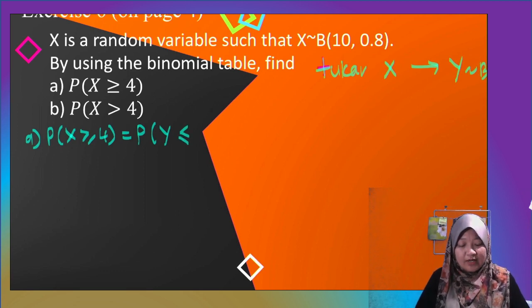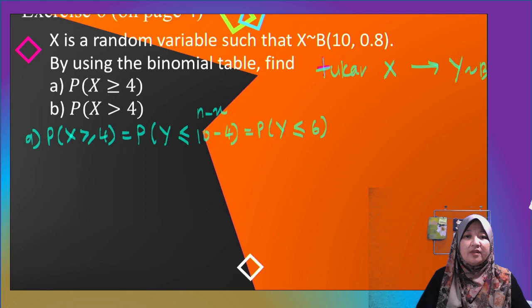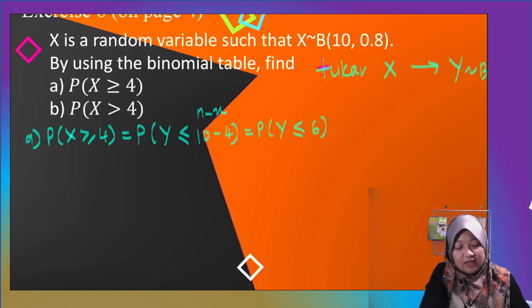Apa nilai bagi Y? Dia adalah N tolak X. N awak adalah 10, X awak adalah 4. So, dia akan jadi probability Y less than or equal to 6. Right? Tapi kalau awak nak guna table, kita kena olah lagi supaya dia menjadi greater than.